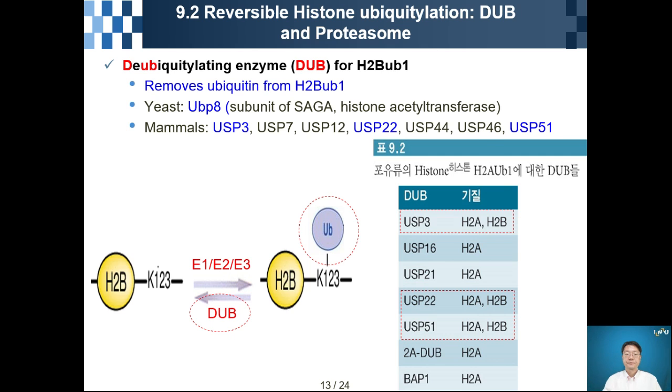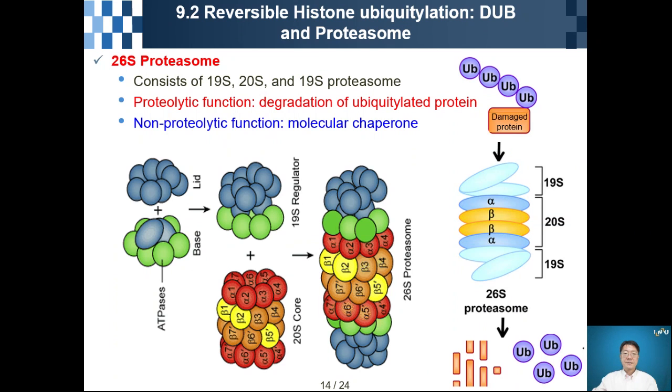In this slide, I will explain the 26S proteasome. The 26S proteasome is composed of three parts: first a 19S, in the middle a 20S, and finally another 19S proteasome.